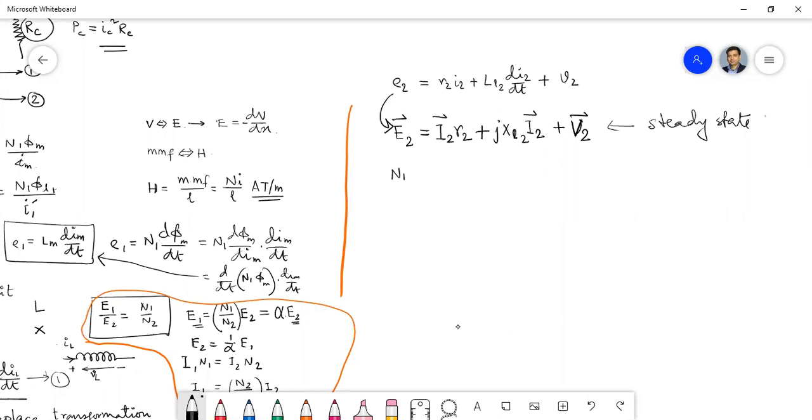Suppose we multiply both sides by N1 by N2.